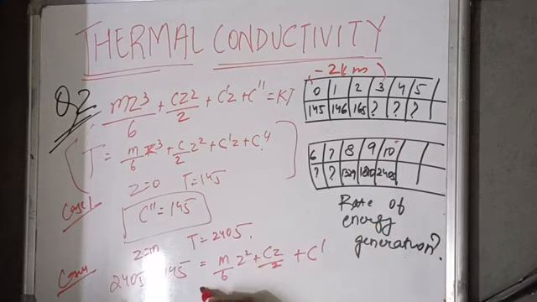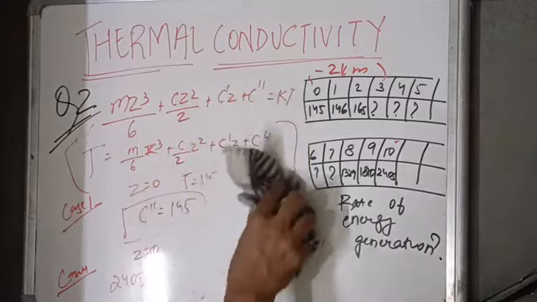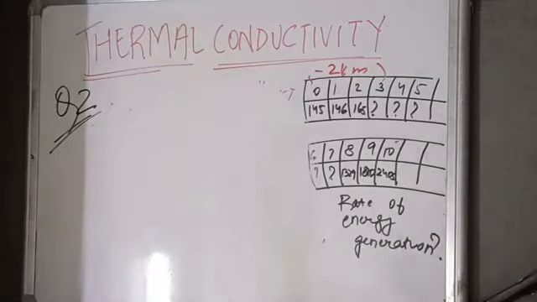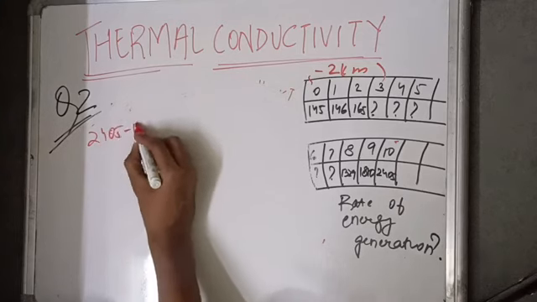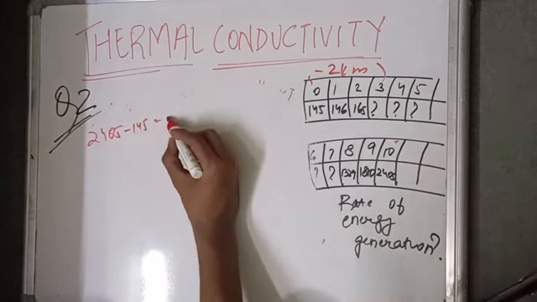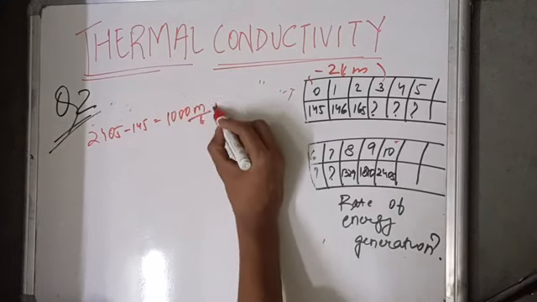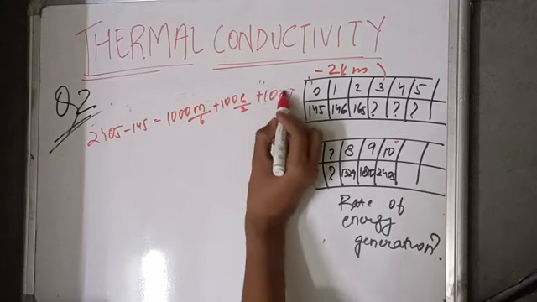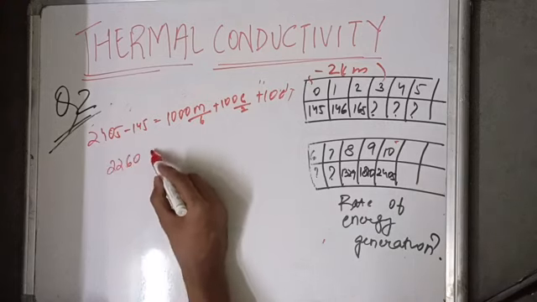Putting the value of z equals 10, we got 2405 minus 145 equals, with 10 cubed being 1000 and 10 squared being 100, 2260.